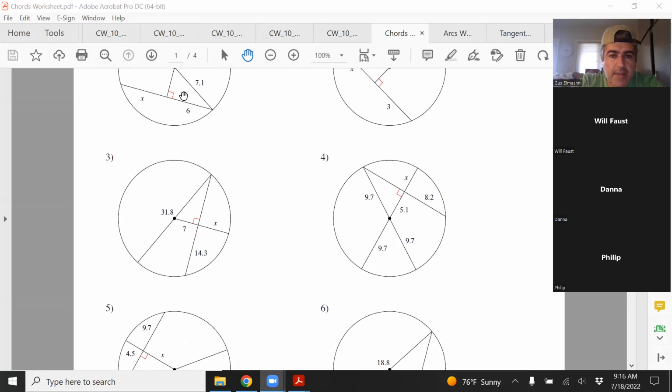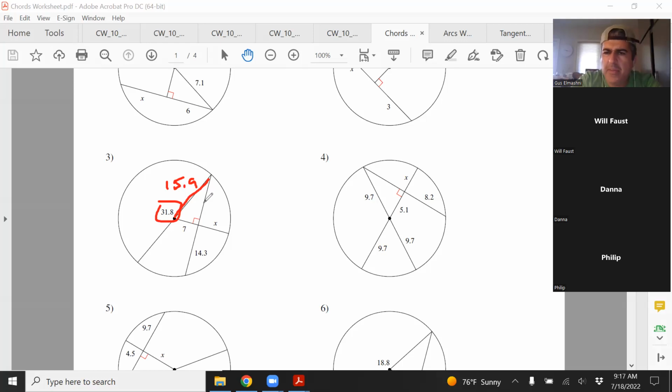So in this case, if that's 31.8, half of that is going to be, let's use a calculator, I think 15.9. Yeah, so that's 15.9 right here. So now I can use Pythagorean Theorem.